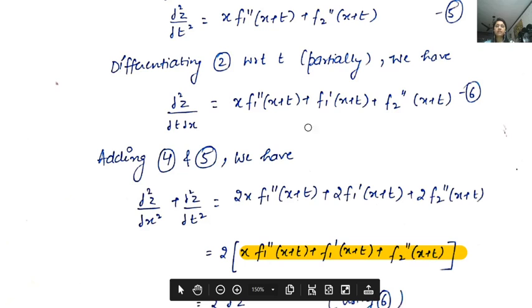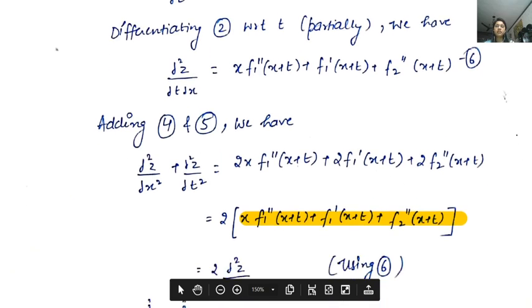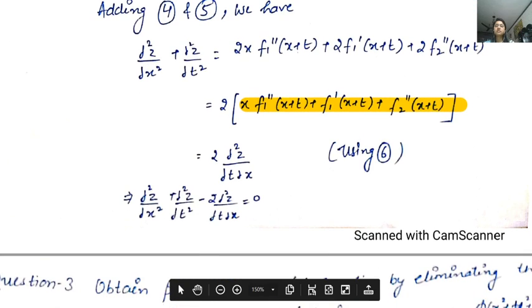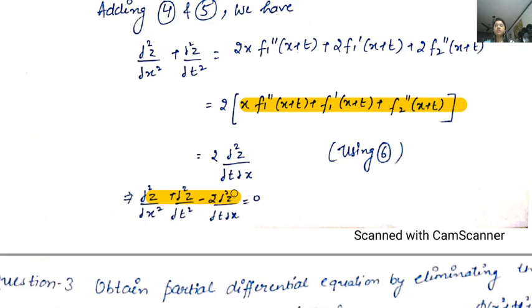So substituting the value using 6 here, we get ∂²z/∂x² plus ∂²z/∂t² equals 2 into ∂²z/∂t∂x. On simplifying, we can write it as this. This is the required partial differential equation free from arbitrary functions f1 and f2.